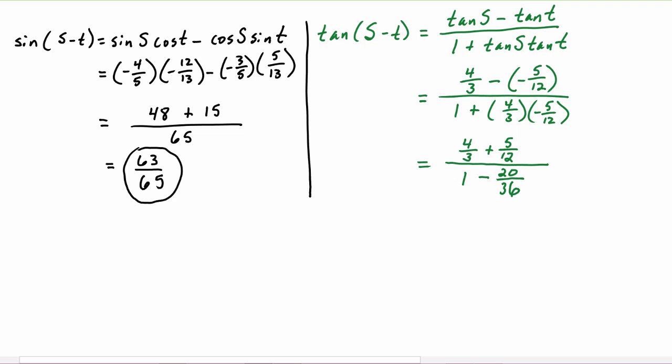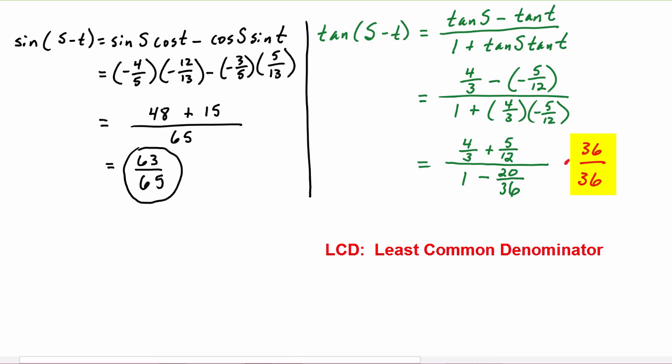We can clear out the complex fraction by multiplying by the LCD, which for 3, 12, and 36 is going to be 36 over 36. So we're multiplying by 1 in the form of the LCD over itself.